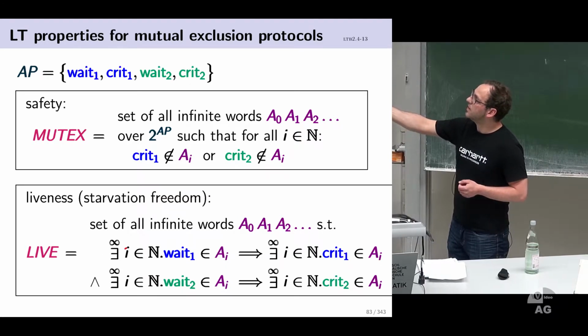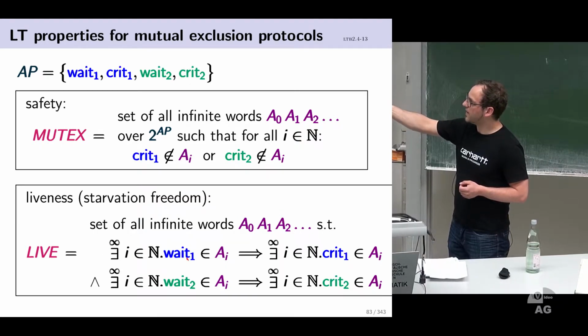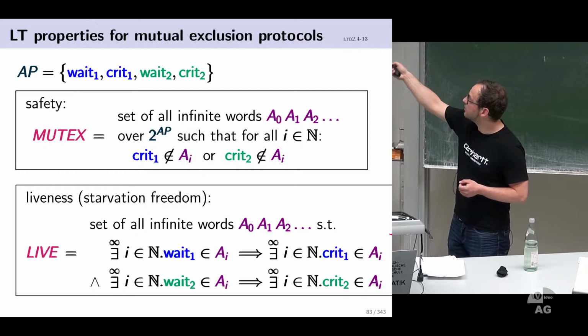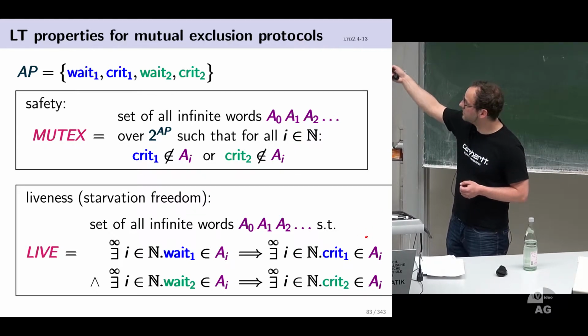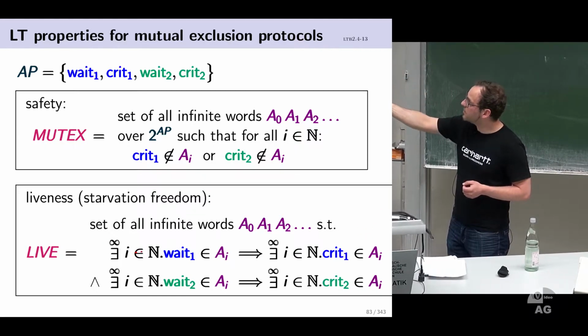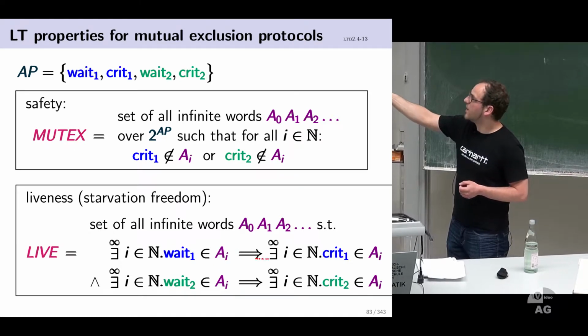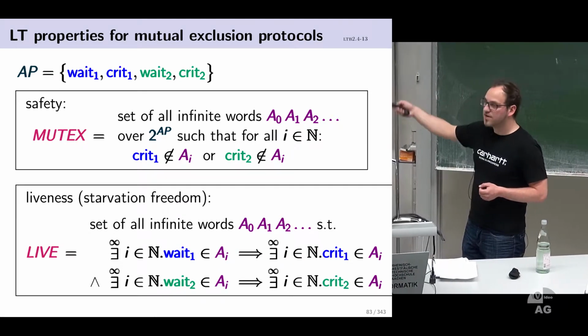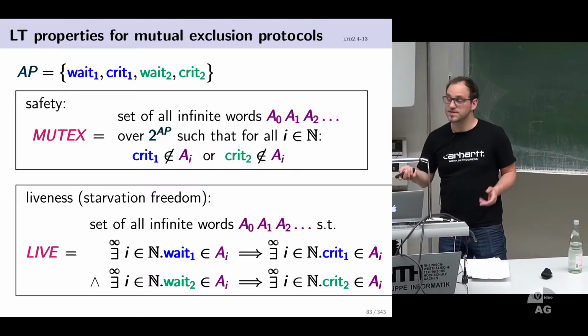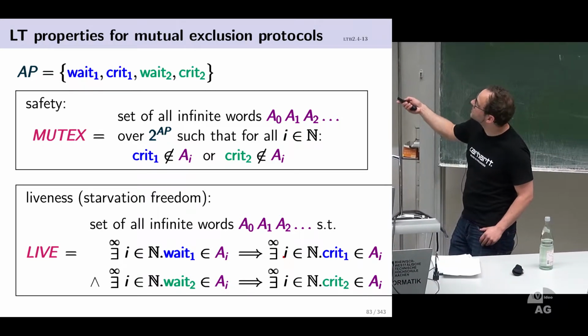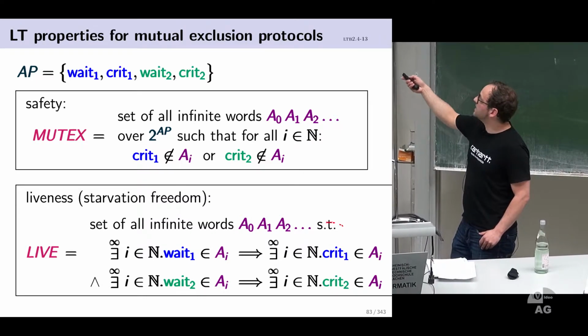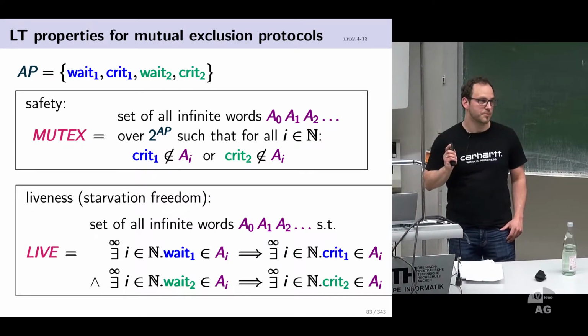If infinitely often along the trace, process 1 waits to enter the critical section, so this wait appears along the infinite word for infinitely many sets Ai, then we also want to have that it infinitely often enters the critical section. So for infinitely many points in time, crit 1 is in one of these sets Ai.